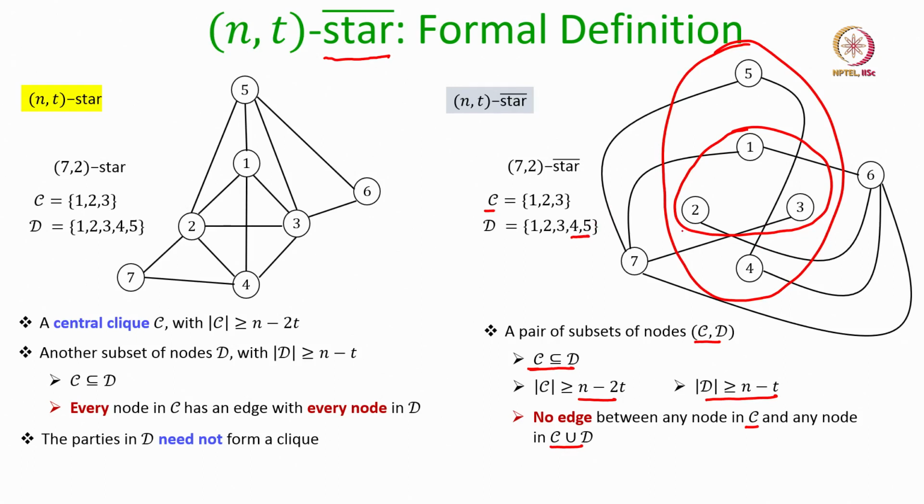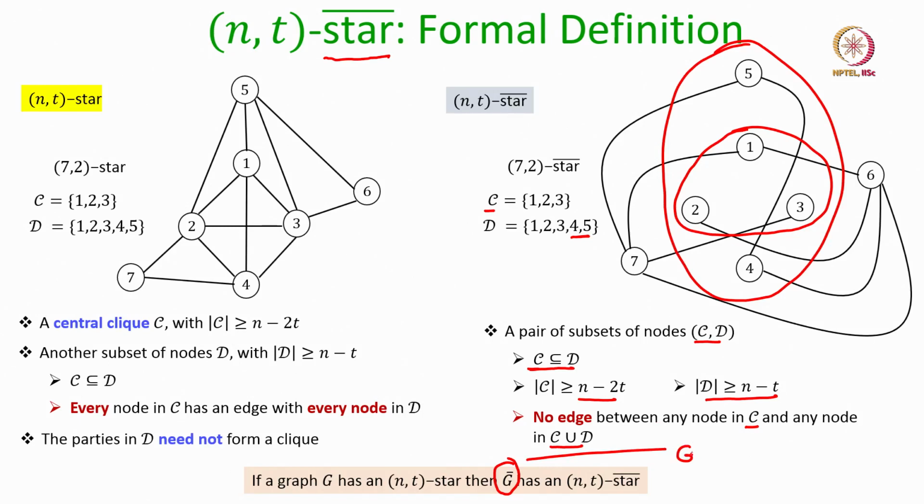So, if you see closely the definition of NT star and complement of NT star, we can clearly say that if your graph G has an NT star, then in the complementary graph you will have a complement of NT star. Okay.